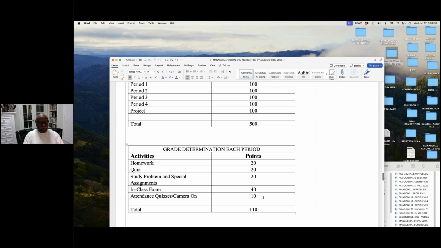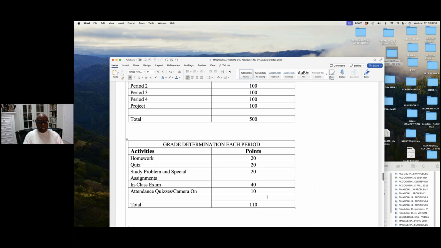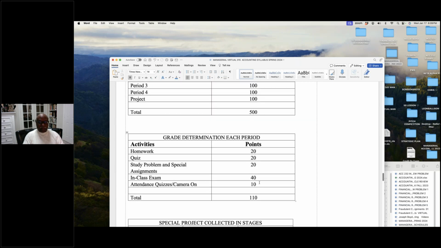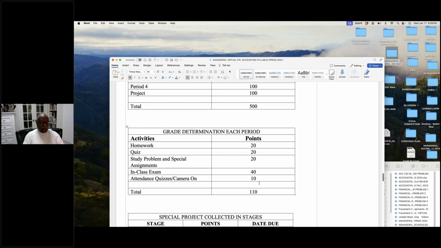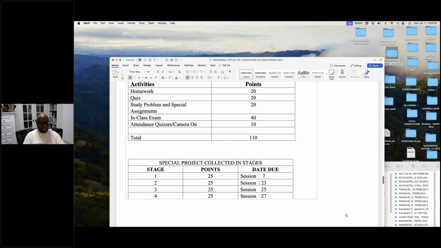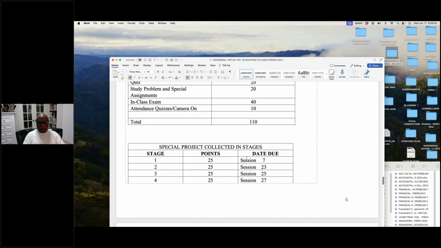Attendance quizzes, camera-on quizzes, are 10 points. So you have 110 ways to get your 100 points. The project is collected in stages, and we'll talk about that. You have to make something and then build financial statements around it, and each person has a statement that they work on.